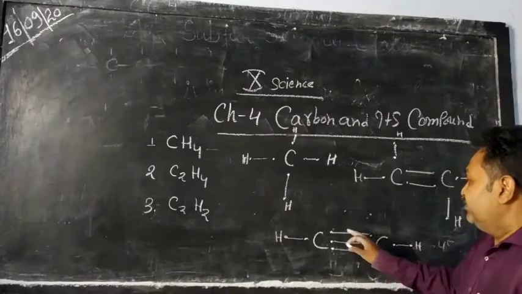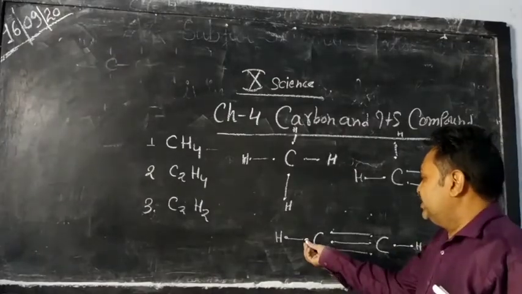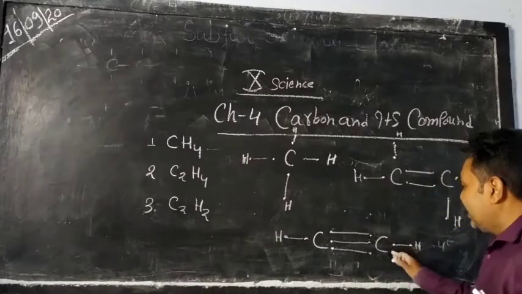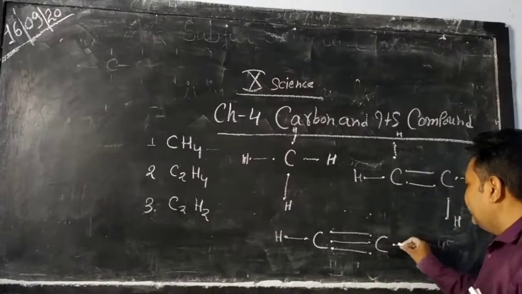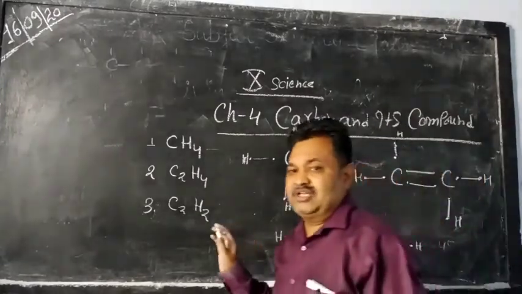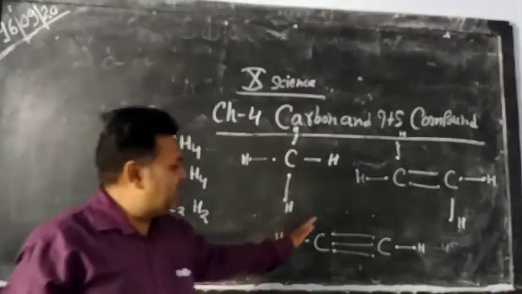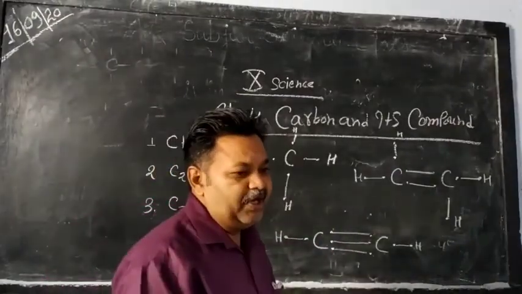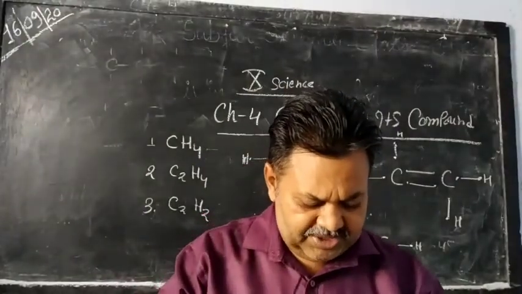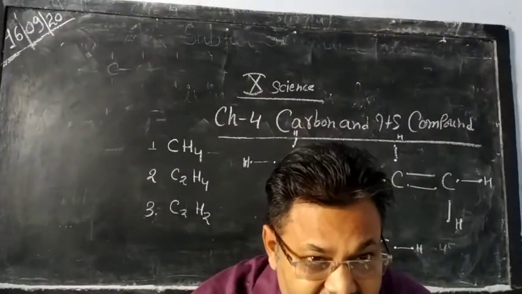So in this manner, both carbon have 8 electrons in their outermost shell. Count 1, 2, 3, 4, 5, 6, 7, 8. So both the carbon contain 8 electrons in their outermost shell, and it becomes an example of triple covalent bond in carbon compound. So these are the examples of single covalent bond, double covalent bond, and triple covalent bond.